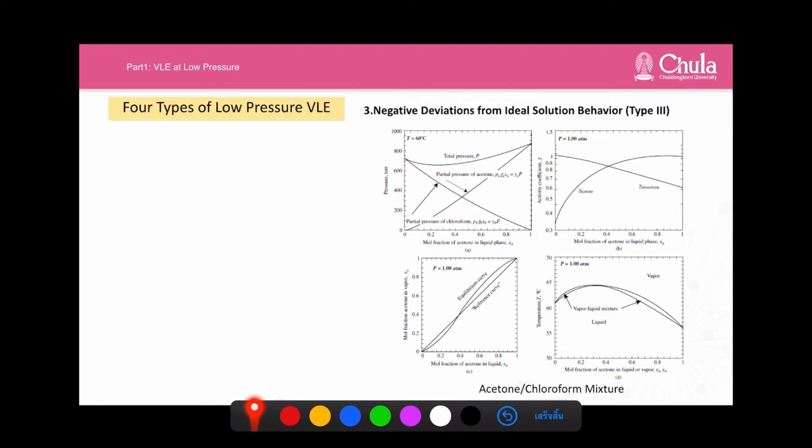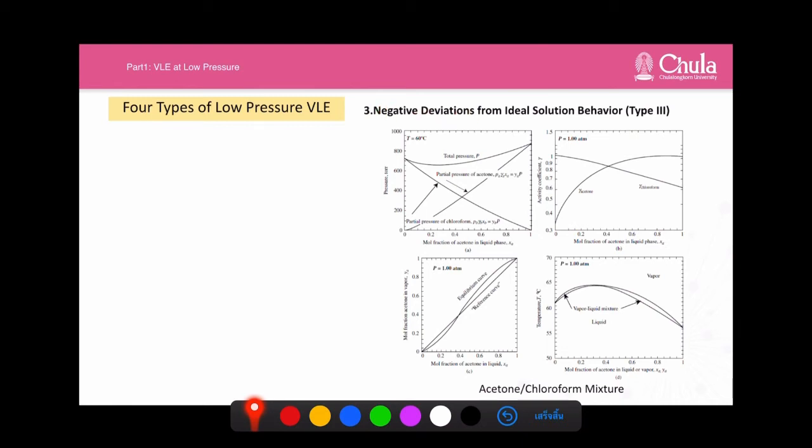Here and here. But for the whole range, the activity coefficients for both components are smaller than 1. So we call it negative deviation.